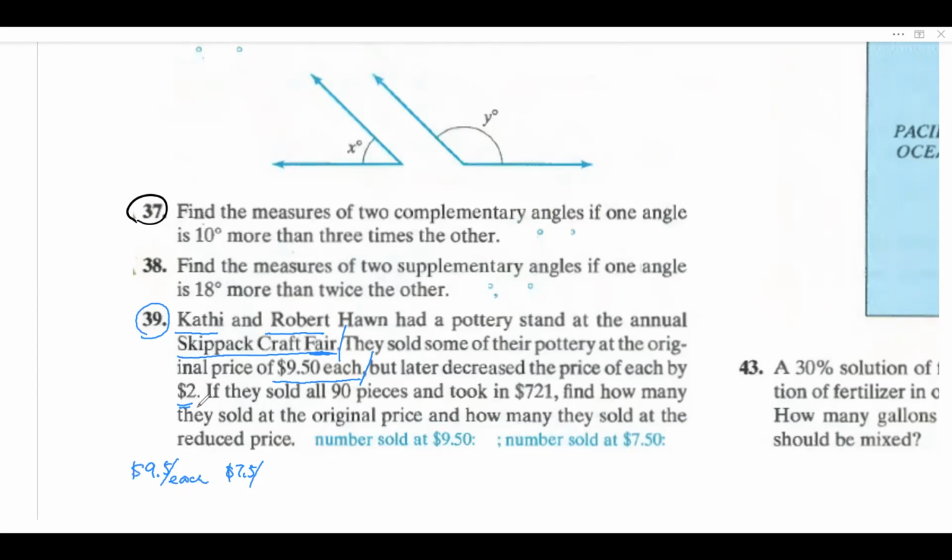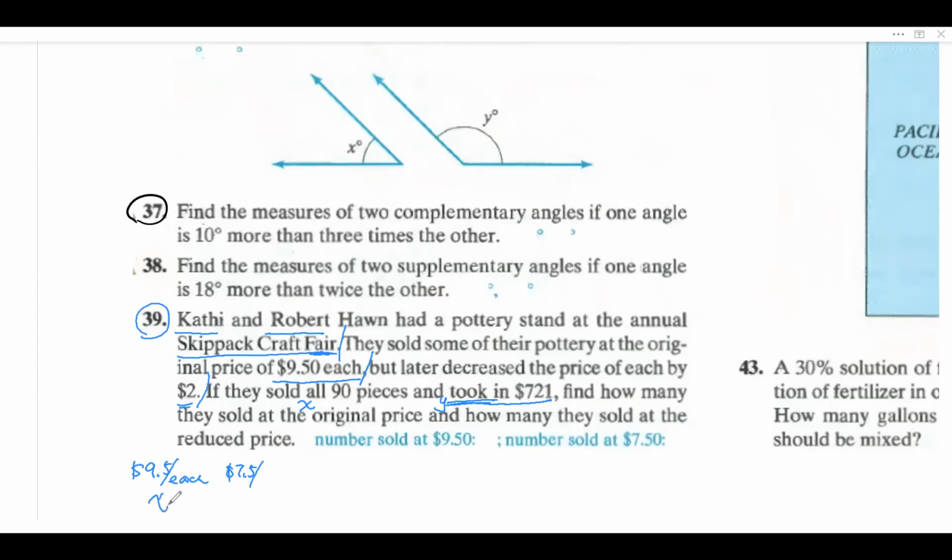So from now, we read it here. All right, what's next? They sold 90 pieces and finally made $721. You don't know how many were sold initially and how many later, right? So how many they sold at the initial price and how many at the reduced price.